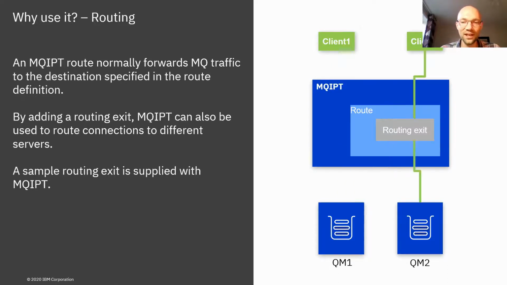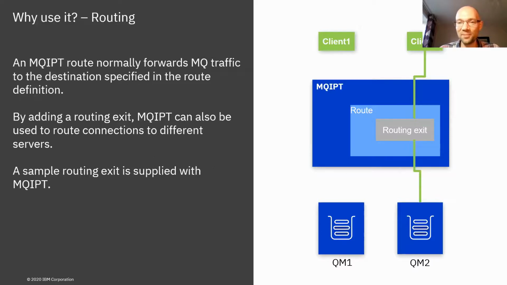And when you do that, you're able to use the exit to choose to go to a different destination based on various properties of the connection. So you could do this for load balancing, or you could do it for some other reasons as well.